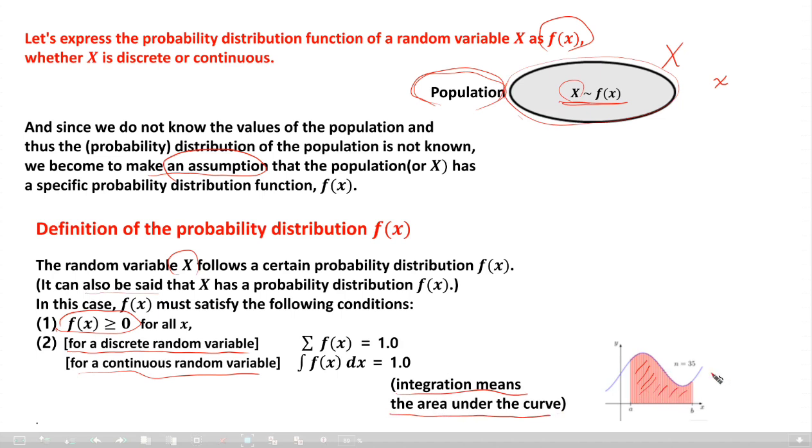Okay, but integration is not easy, so I will not talk about integration in this lecture. We only deal with summation, the discrete case. You may see integration notation later, but you don't have to understand or follow.